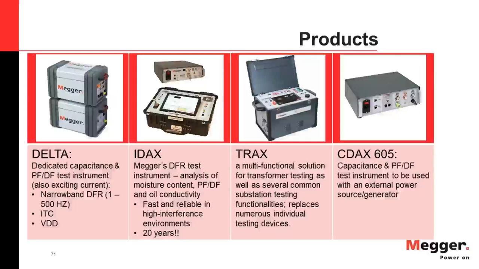There is a difference. Its software includes a number of apps that make it fast and easy to perform a large range of different tests, but many transformer tests can be performed, including all of the functionality I mentioned present in the Delta with regards to the individual temperature correction, voltage dependency detector, etc.